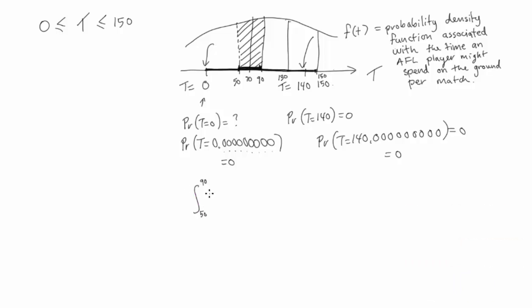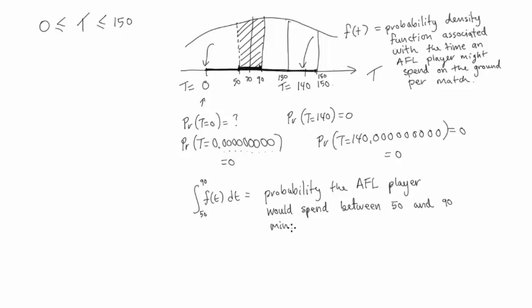The definite integral of f of t between 50 and 90 minutes is the probability the AFL player would spend between 50 and 90 minutes on the ground during an AFL match. And you could calculate any probability within that restricted domain between 0 and 150 minutes that a player might spend on the ground during that AFL match, using the probability density function.